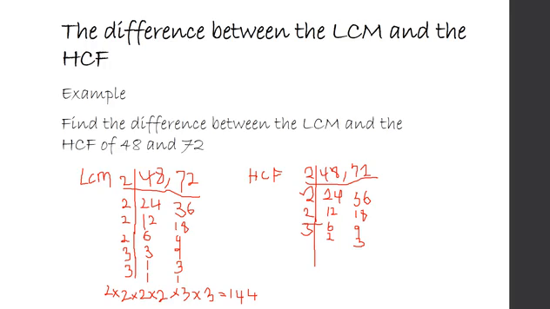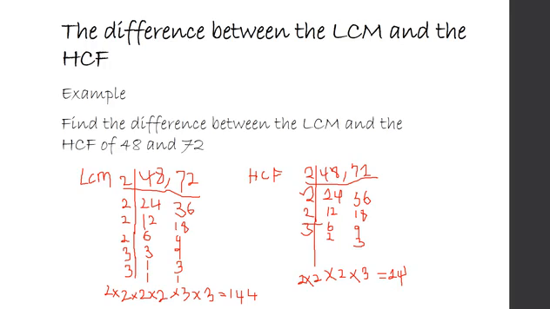If you use 2, it will not affect 3. If you use 3, it will not affect 2. So the HCF has to stop here. So the highest common factor is now 2 times 2 times another 2, and then times 3. So this figure will give us 24.